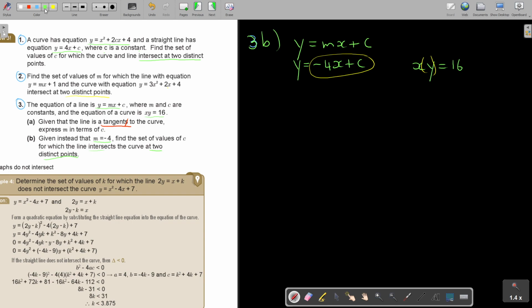So basically, you're going to have x times (negative 4x plus c), and that's equal to 16. So it's negative 4x squared plus cx minus 16, and that's equal to 0. Okay. Now, that is my formula. Now I go to the distinct points.